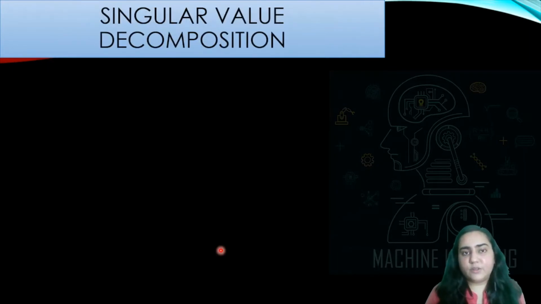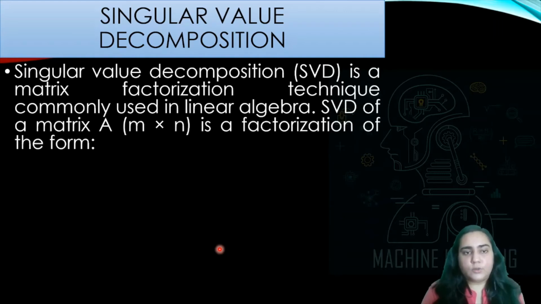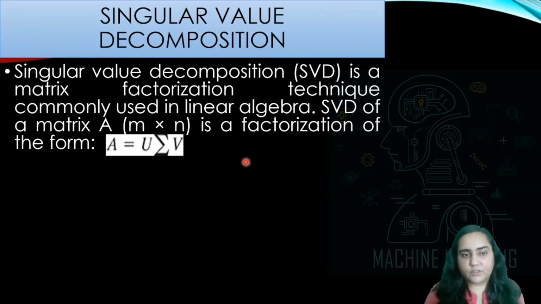The next method that you can use to perform feature extraction is the singular value decomposition. This is also known as SVD. So this is a matrix factorization technique which is commonly used in linear algebra. And what happens here, you take SVD of a matrix A which has m cross n dimensions, which is a factorization of this form.